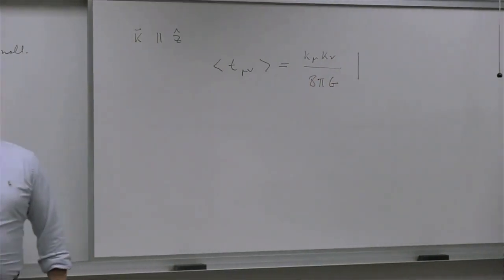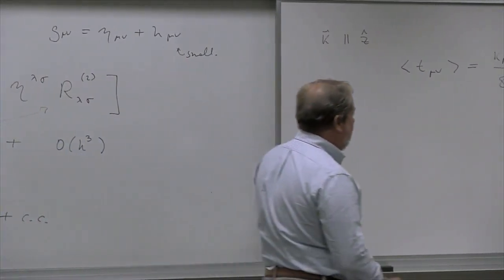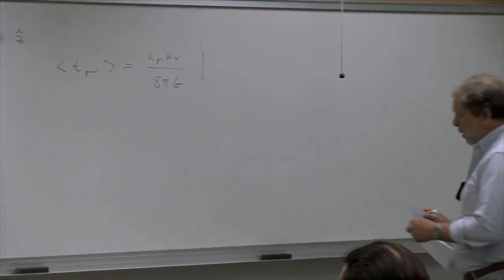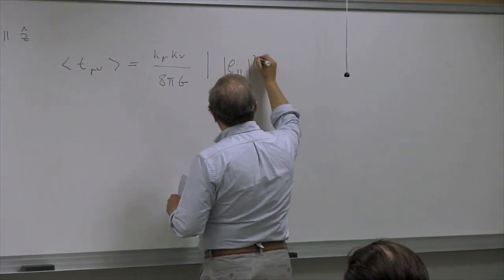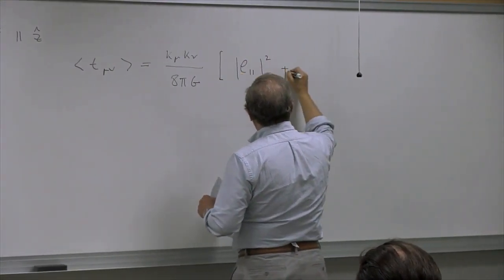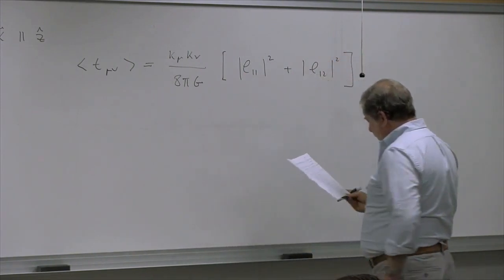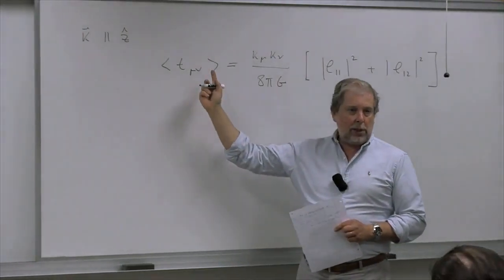We expect that the energy and momentum associated with the wave is proportional to its amplitude squared, like it is normally for an electromagnetic wave or harmonic oscillator. And so here we have e11 squared plus e12 squared, with an average. So the question is, what is this average?